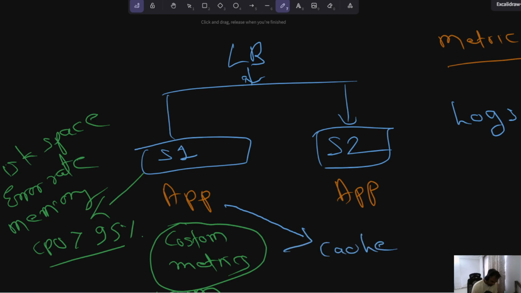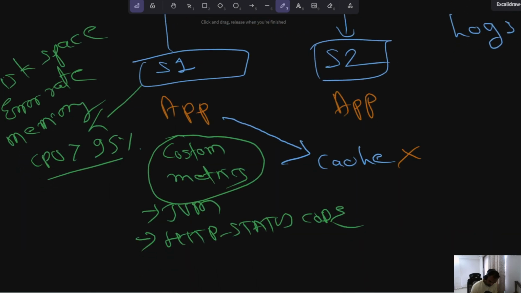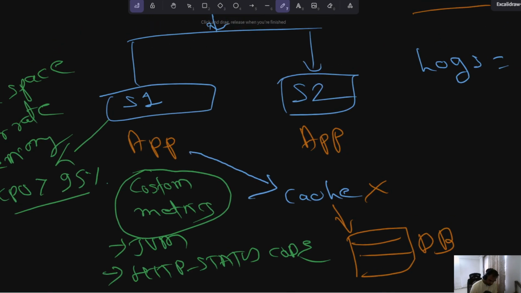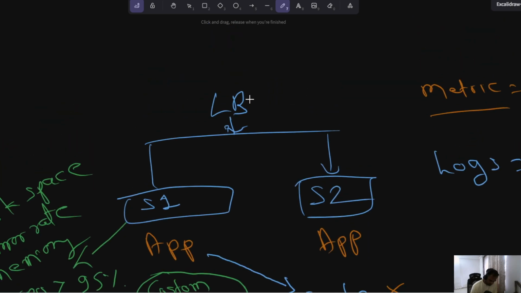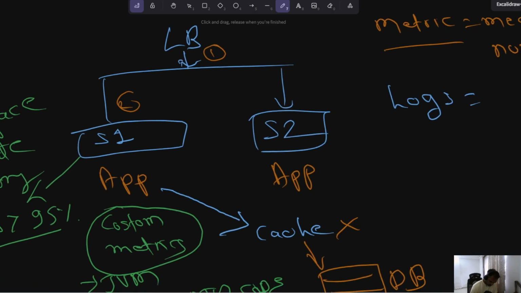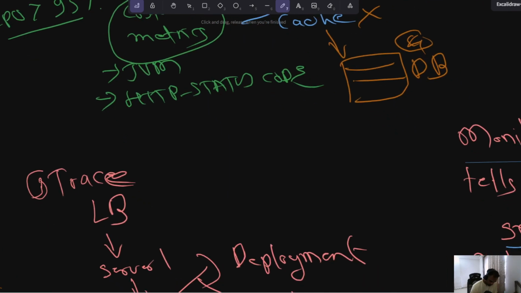The cache is a miss. So it goes to the database. So your request flow is load balancer 1, server 2, cache 3, and database 4. So what would our logs look like?